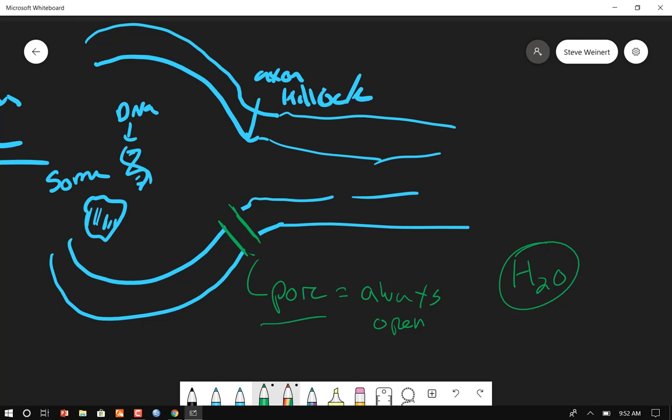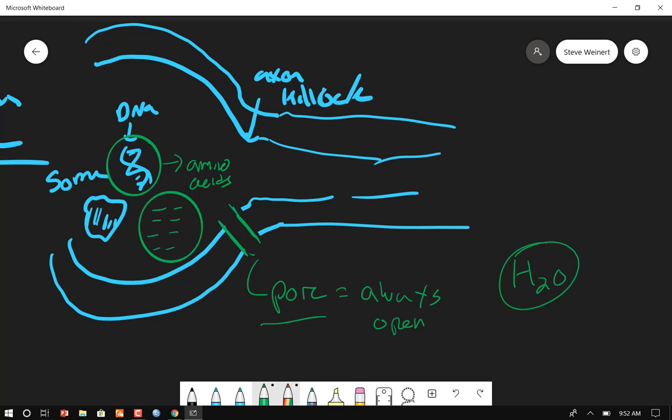So it's mostly water. Now, inside of a neuron, the DNA produces amino acids. And they're long chains of negative amino acids.